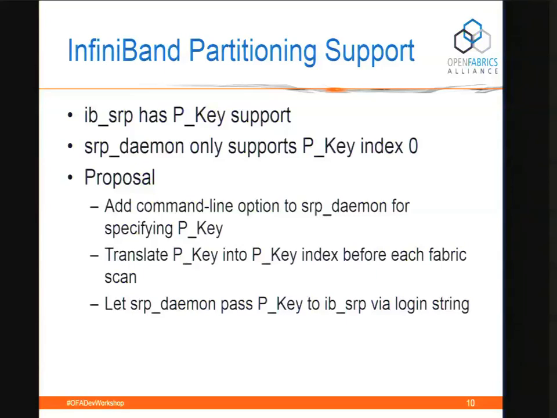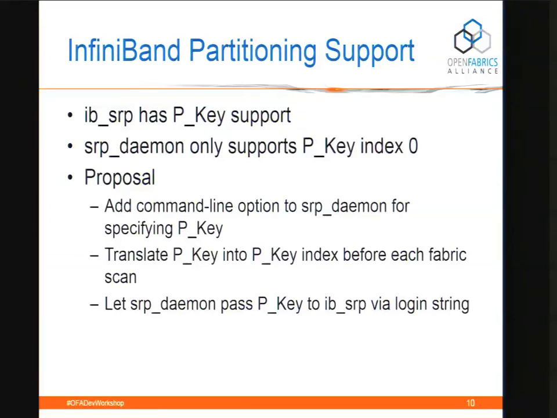So that was regarding high availability. Regarding PK support, today the SRP initiator kernel driver has PK support, but the SRP daemon process does not yet. It only supports PK index 0.